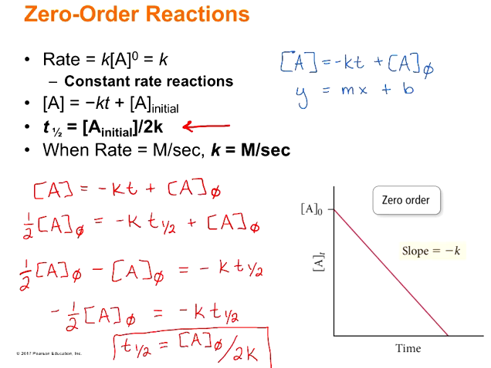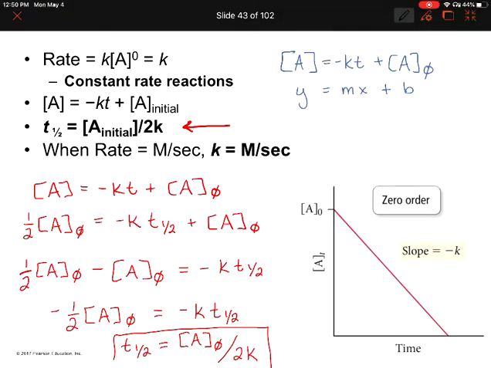So if we plot the concentration of A, which is our y value, versus t, which is the x value, we'll end up with a linear line, so a linear slope, I should say.